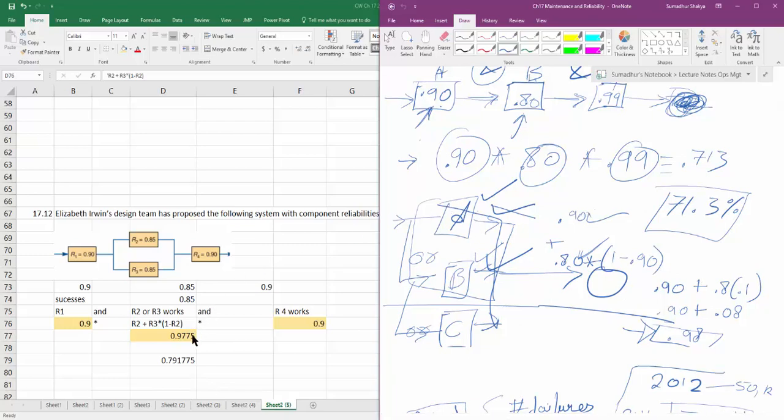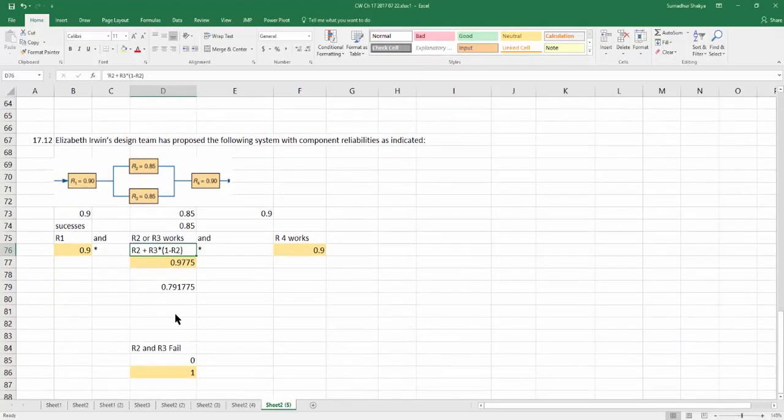Instead, this second method is easier, wherein you can say the probability of this failing is 0.10, this failing is 0.20, this failing is 0.01. Therefore, the probability of all of them failing is 0.10 times 0.20 times 0.01. Whatever the result is, you subtract that from 1 and you will have the combined probability that any one of these three components will be working, so that it becomes easier. But that's just trying to make you guys a little fancier.